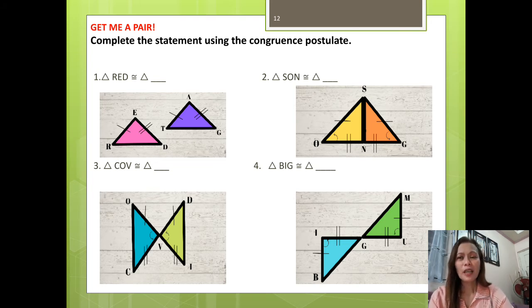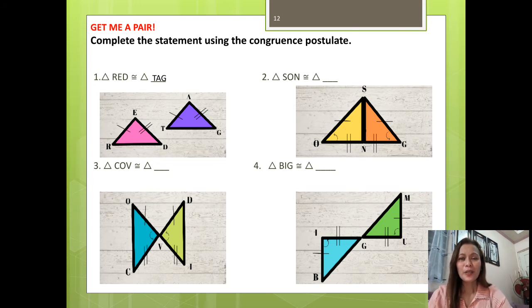So triangle RED, obviously, is congruent to triangle TAG. You can start from R, congruent to T, followed by E, congruent to A, and then D, congruent to G, using the congruent angles.